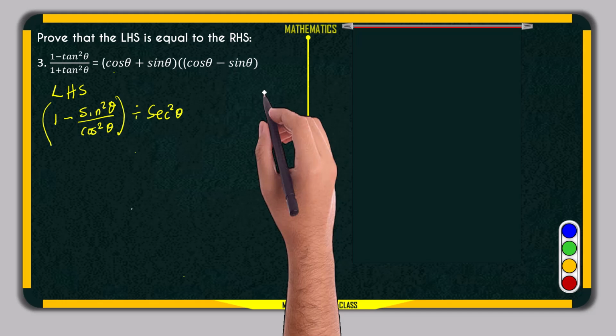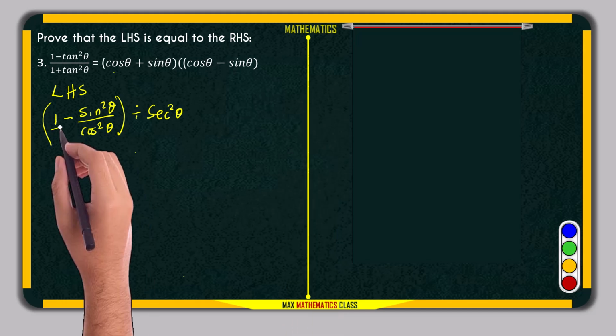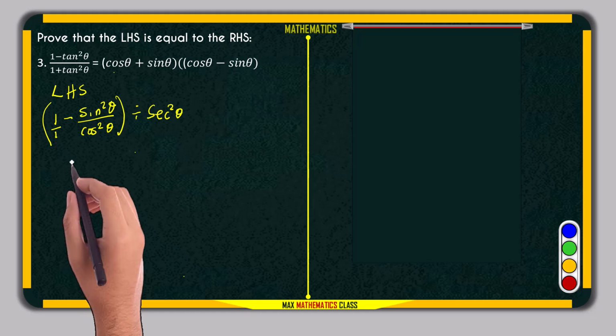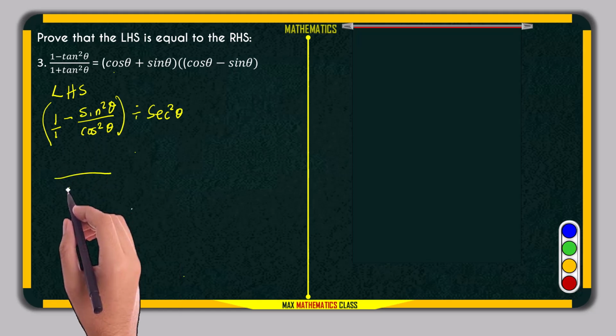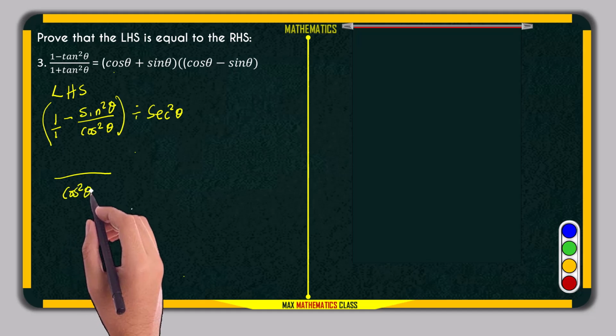So after that, we are going to solve this fraction here, 1 over 1, so that what we now have will become: the LCM now is cos square theta. So we now have cos square theta as the LCM.